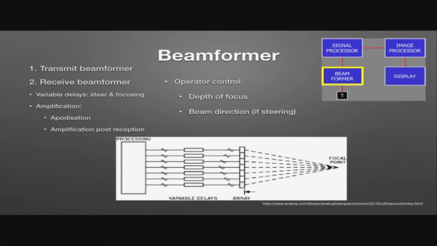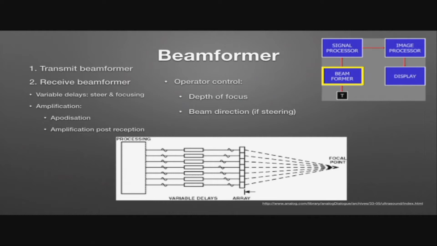So next in line is the beamformer. The beamformer has both a transmit and a receive section, and this is all to do with electronic focusing. Again, we discussed in previous lectures focusing of the ultrasound using electronic delays, which fire off the arrays at different times, which focuses the ultrasound beam.